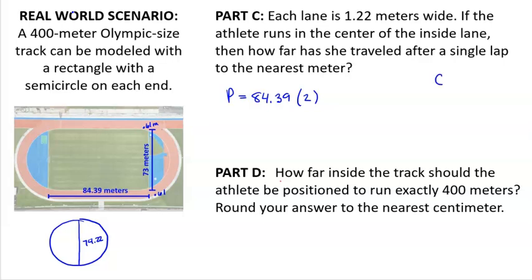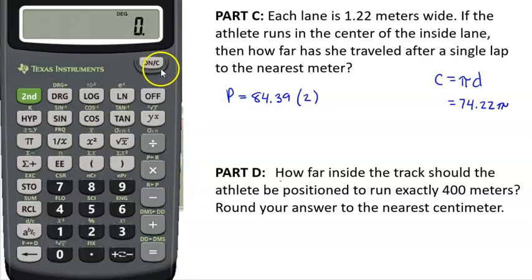So now we're going to recalculate our circumference, which is pi d. And for the diameter, it's now going to be 74.22 times pi. Let's go ahead and get that into our calculator. So 74.22 times pi equals, and we get 233.16.